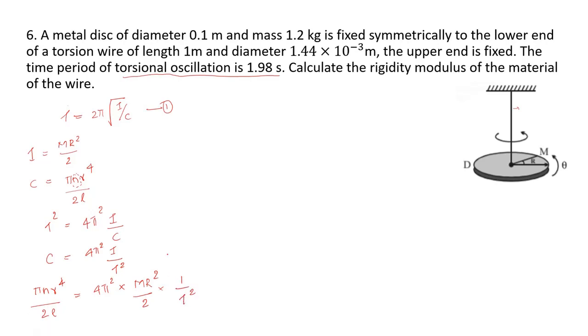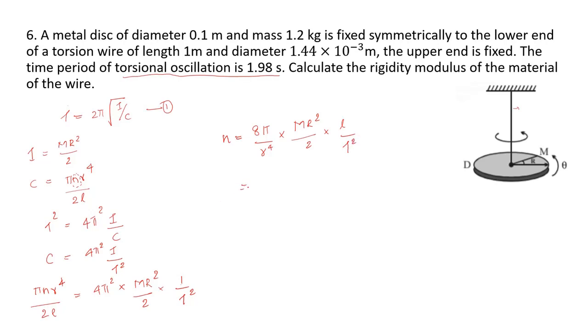From this equation, let's write an equation for eta. Eta can be written as 8 pi by r to the power 4 into m r squared by 2 into L by T squared. We have L here, so it is L by T squared.